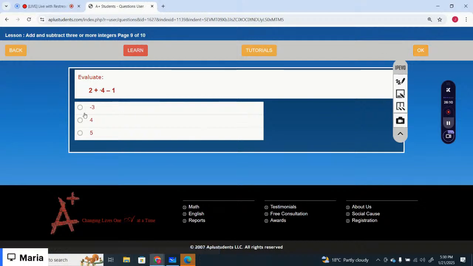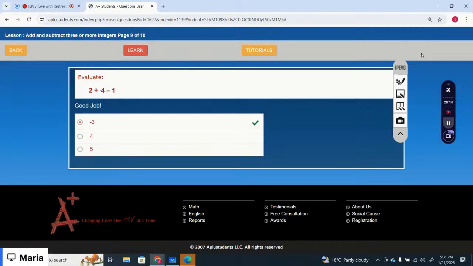That is negative 3. Option 1 is the correct option.